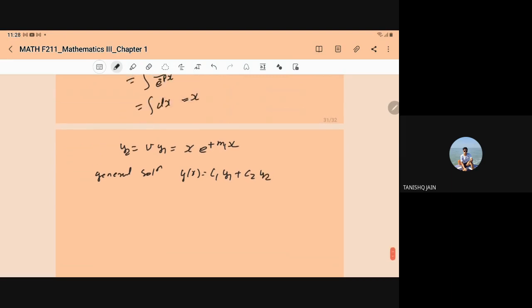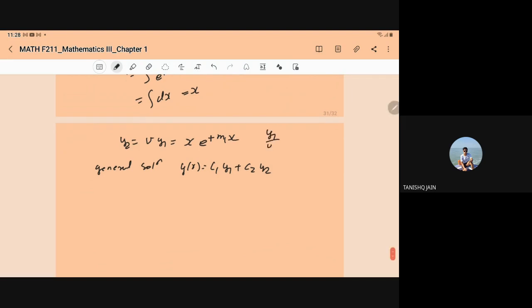And one more thing you can check, because here we are already using the section 16, so need not check, but if you want to, you can. y1 upon y2 is e to power mx upon x e to power mx, that is 1 upon x, not equal to 0. So we can say y1 and y2 are linearly independent. In section 16, during the derivation, we have already assumed this, so need not check.